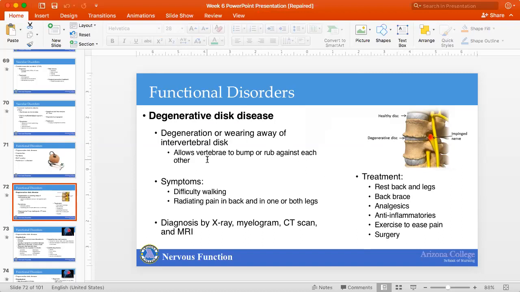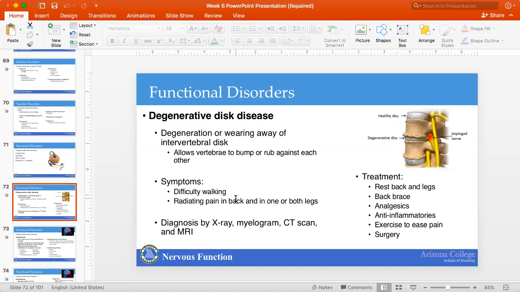It allows the vertebrae to bump or rub against each other. You can see that compressing. As this top vertebra compresses down on this bottom one, you'll start to impinge nerves as they come out of the spinal cord.